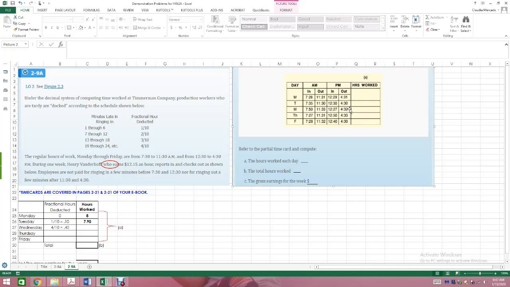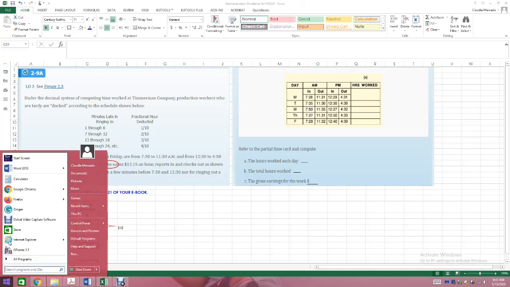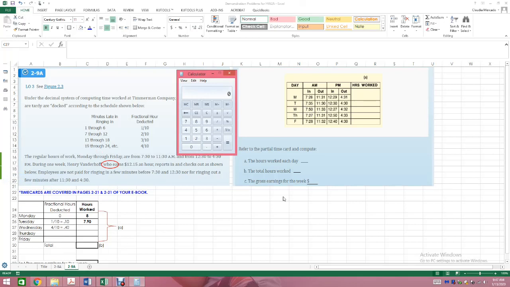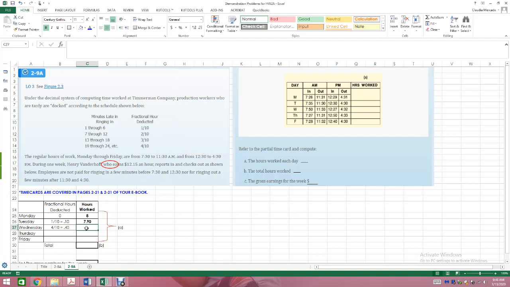And then he clocks out at 4:32, and it says here that they don't get paid if they clock out after 4:30. So the only thing that he's going to get penalized for is arriving 20 minutes late. This employee should have worked 8 hours, and he got docked 0.40 for being late. So that means that on Wednesday, this employee worked 7.60 hours.